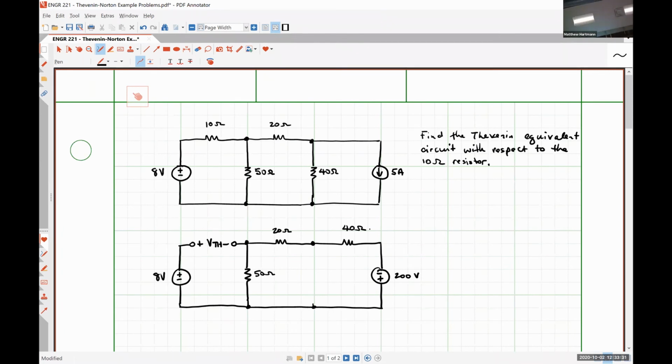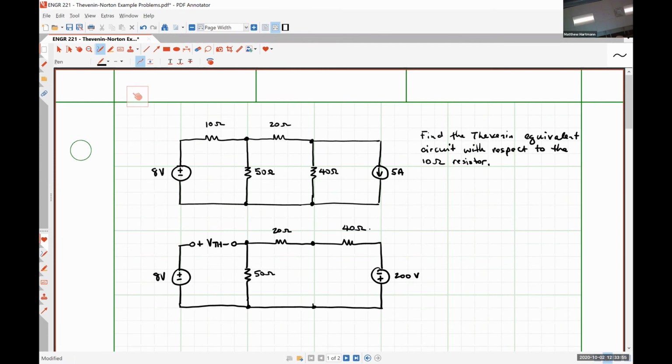Okay. So what could I do next? Combine the voltage sources? They're not in series, so I don't see how I could do that.